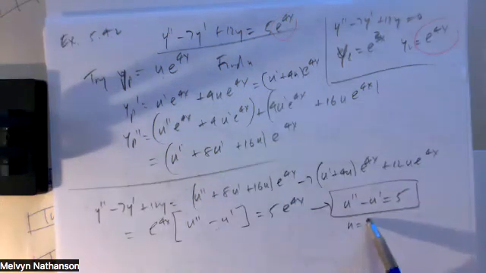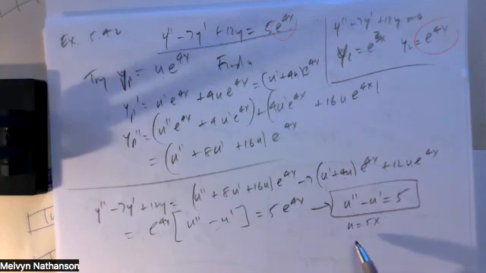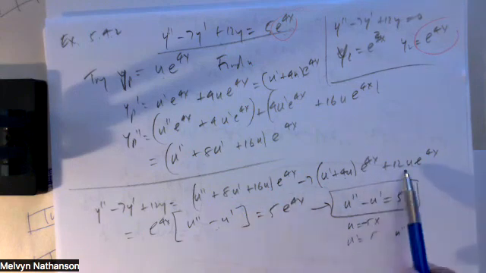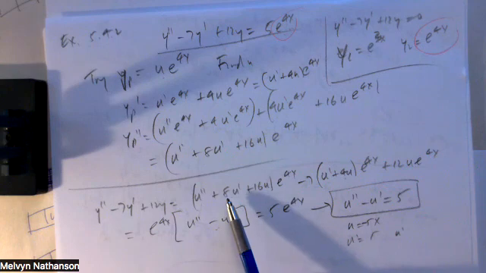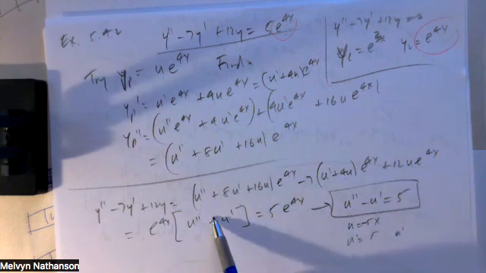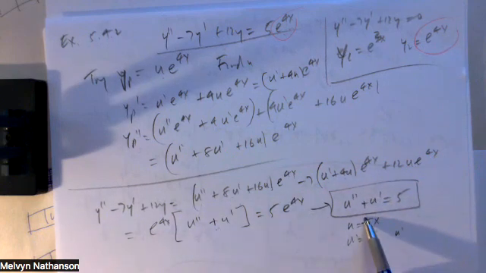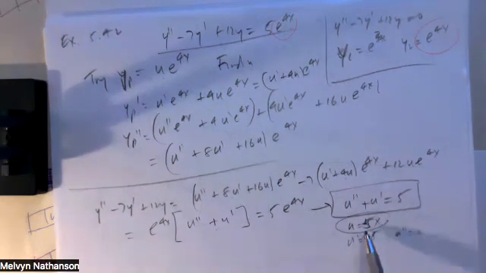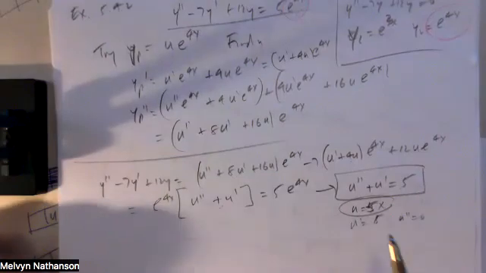If you let u equal 5x, u prime is 5. Oops, did I do this right? Minus 7u prime plus 8u prime, 8 minus 7 is plus. So yes, u equal to 5x, u prime equals 5, u double prime equals 0, and 0 plus 5 equals 5. So u equal 5x is a solution of this.